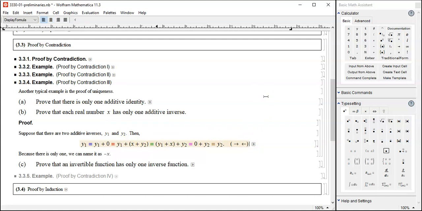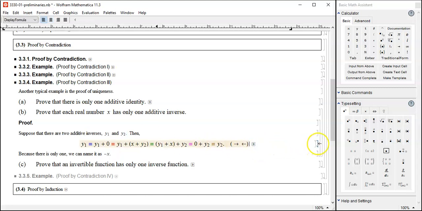It's a little bit hard to follow, but here it is. y1 is y1 plus 0, and this is in turn y1 plus (x plus y2), then (y1 plus x) plus y2, and 0 plus y2, in the end y2. So what do you get? y1 and y2 are the same, so there's a contradiction because we assumed there were two different inverses, y1 and y2. Now, why do we have all these equalities?